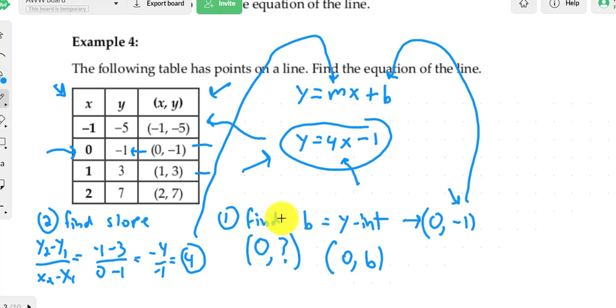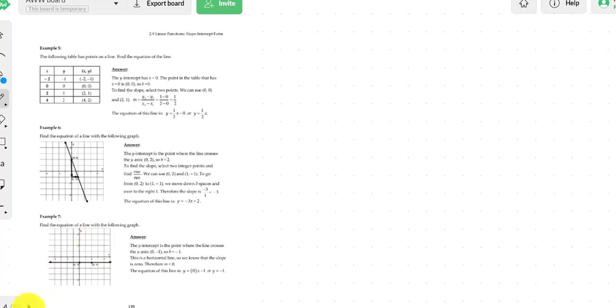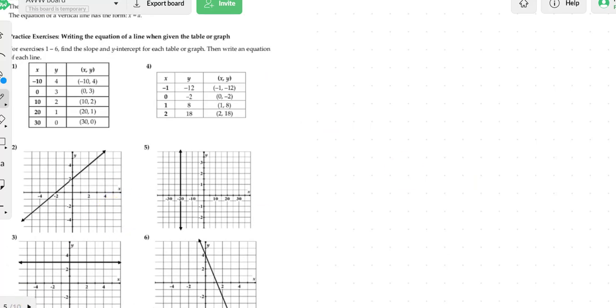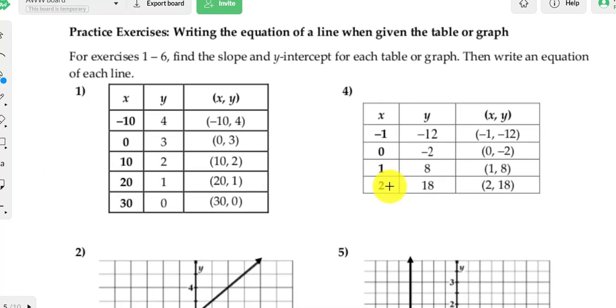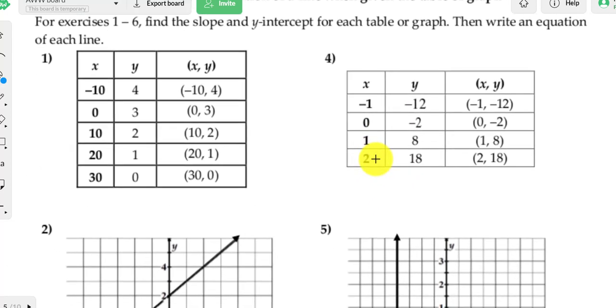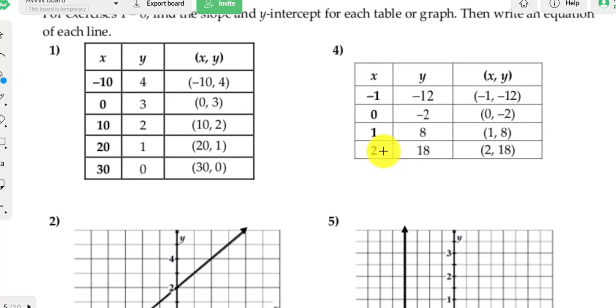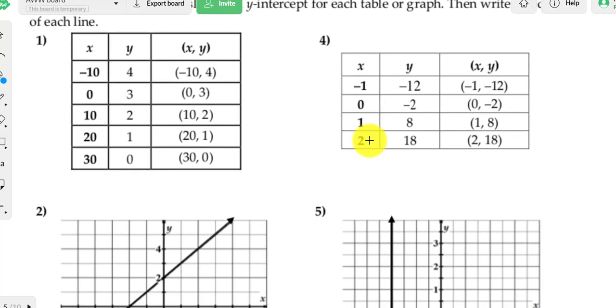So let's jump to page 140 to try some practice problems. Here we go. It says, find the slope and y-intercept for each table or graph, then write the equation of each line. So this is a good practice problem. Let's just do one of each, one table, one graph. So for the table, remember, step 1 is to find the y-intercept.